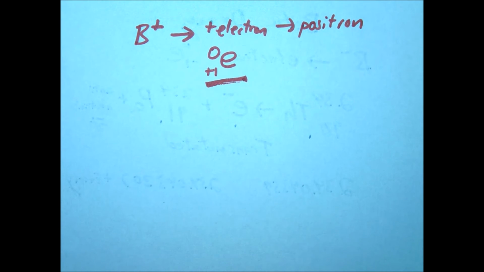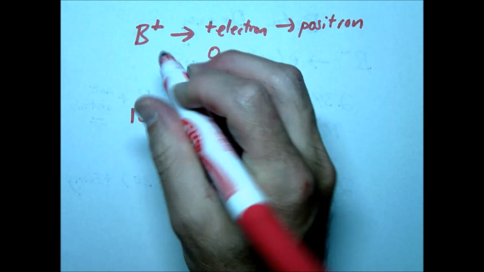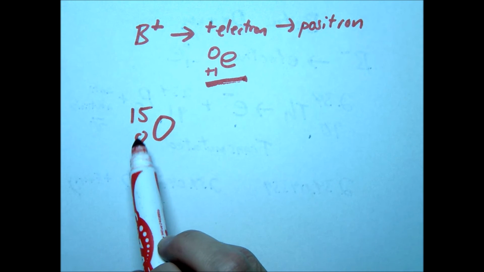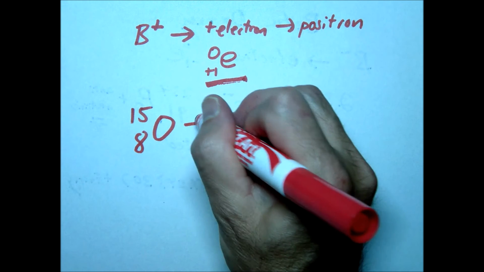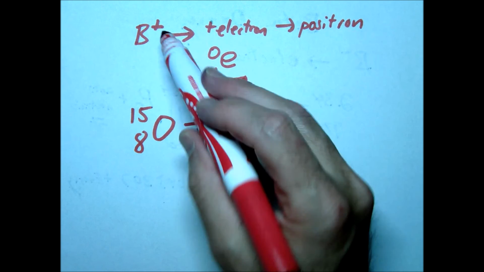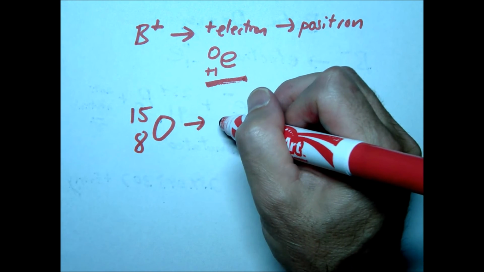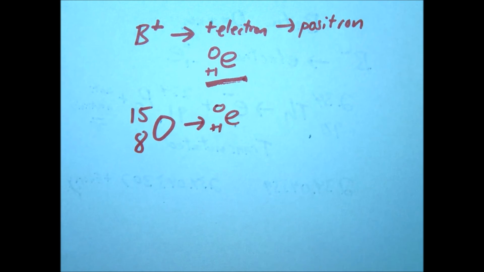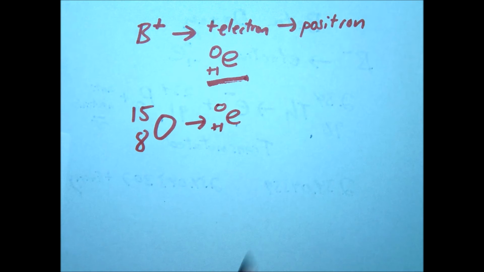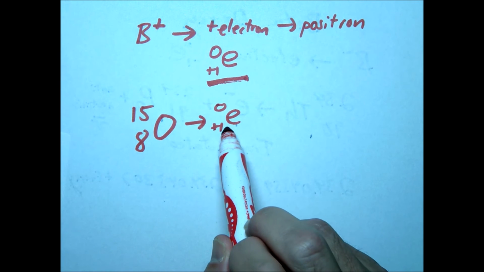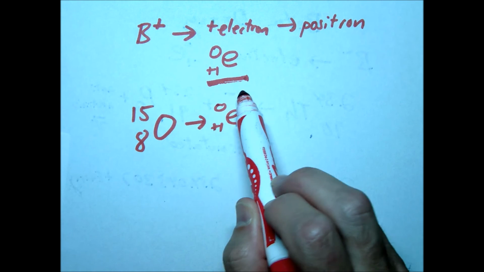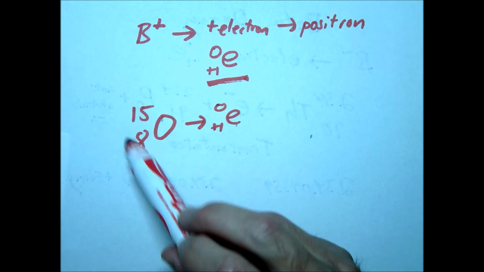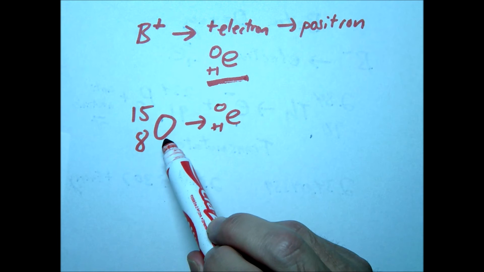So let's do one of these. Let's take an oxygen. So let's go 15, 8, O. Okay, notice this is an isotope of a normal oxygen. So this is going to decay by positive beta. So let's say that that's going to be e, 0, plus 1. Okay, so in this case, in order for this to happen, notice we now have produced this positive charge. So in order to counteract that, this needs to lose a positive charge.